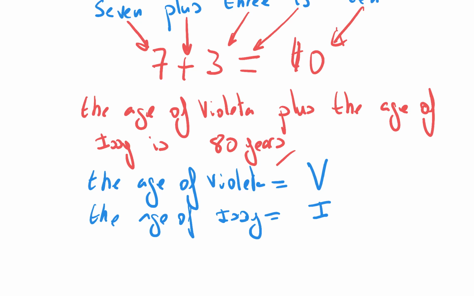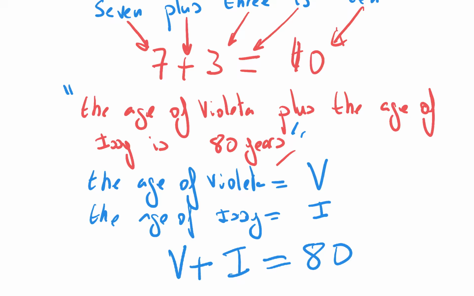And now we read this sentence. It says the age of Violeta, V, plus the age of Izzy, I, is 80, equal 80. This is the equation that we can write in mathematics.